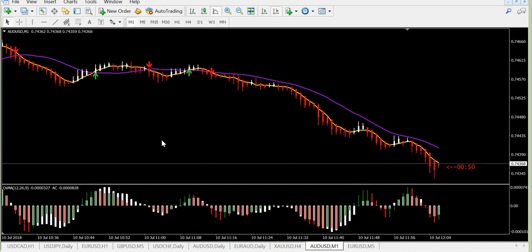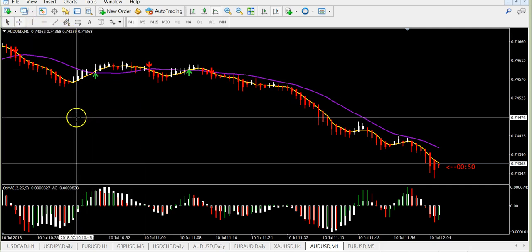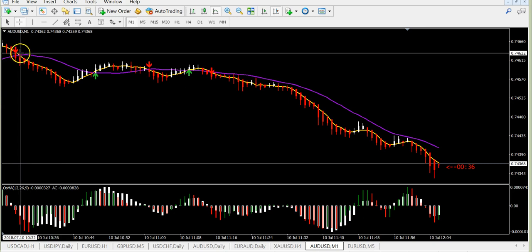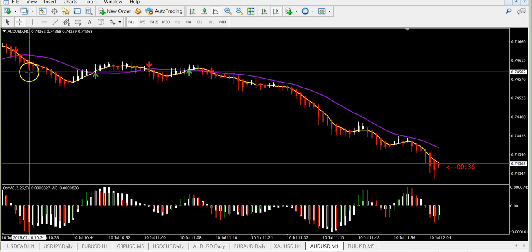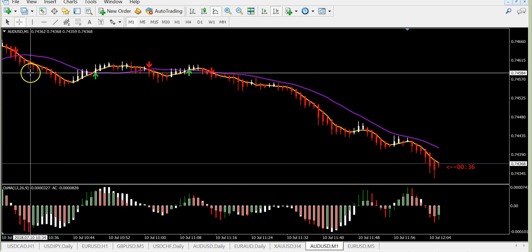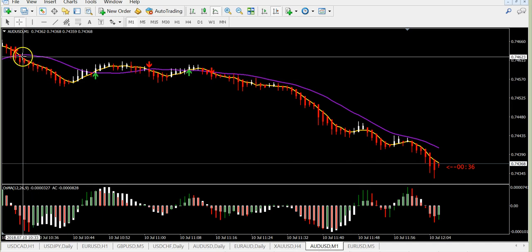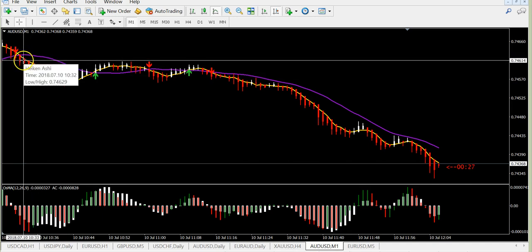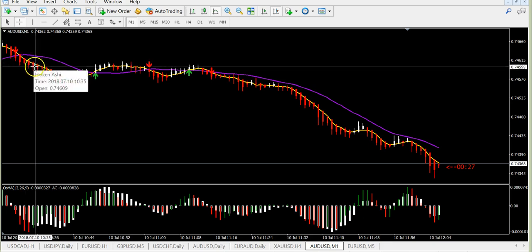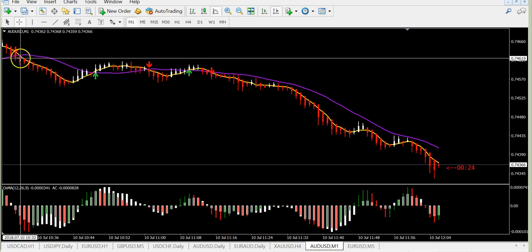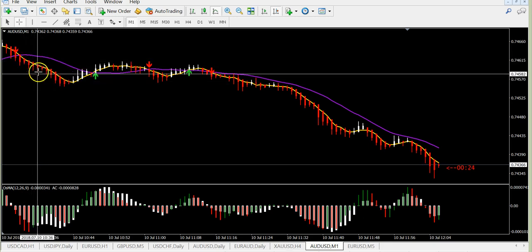So let's firstly explain how it works. For binary options and Forex, the rules are the same. First of all, we are waiting for an arrow, and when the arrow comes, we check if the candle and the red and the yellow line are under the pink line.